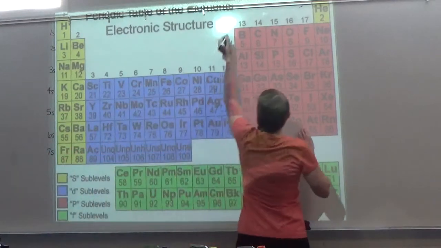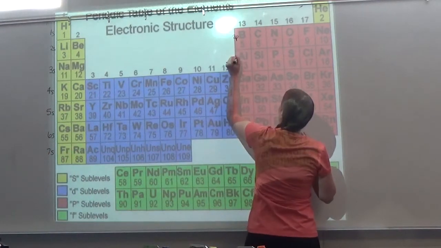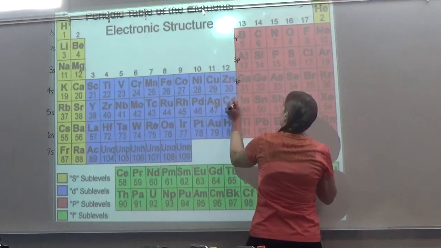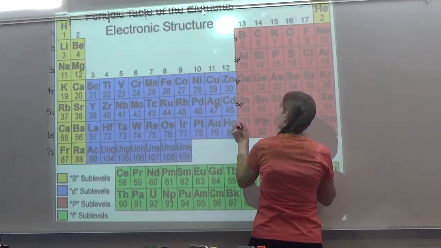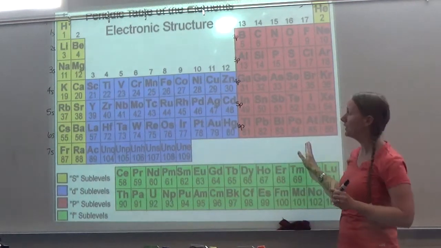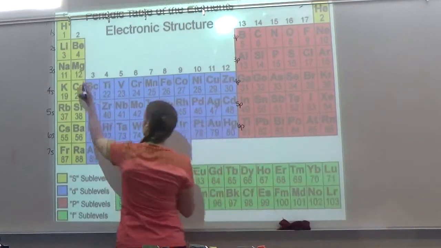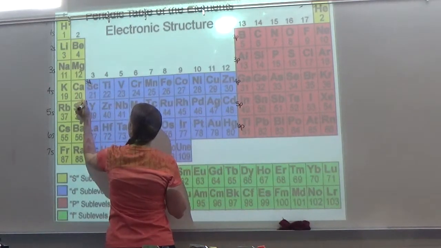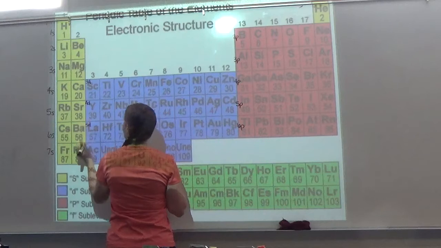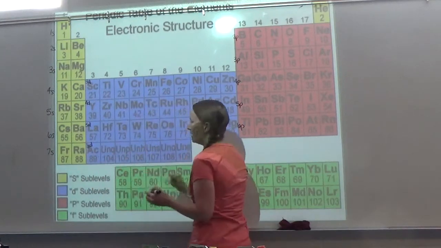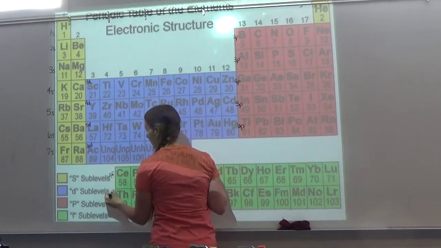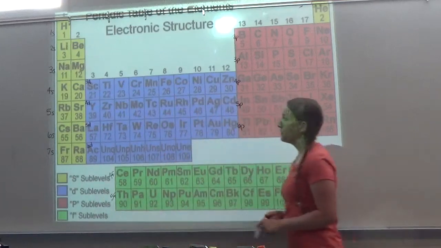P starts with 2, so it's 2P, 3P, 4P, 5P, 6P, 7P if you have anything down here on your periodic table. D starts with 3, so 3D, 4D, 5D, 6D, and F starts with 4, so it's 4F, 5F, just like that.